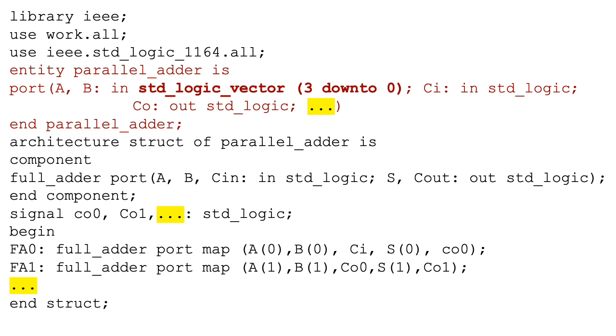So this Cn is the carry in of the entire file. And it is important that you use the correct order. So if in your full adder you define the signals order as A, B, C, and S, C out, then even here when you do the port mapping, you must have A first, then B, C, and S, C out. So order matters a lot here. Sometimes if you miss the order, you don't get any compilation error, but you might get some logical error when you simulate the circuit in ModelSim.